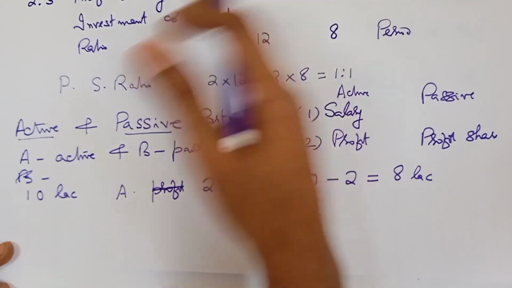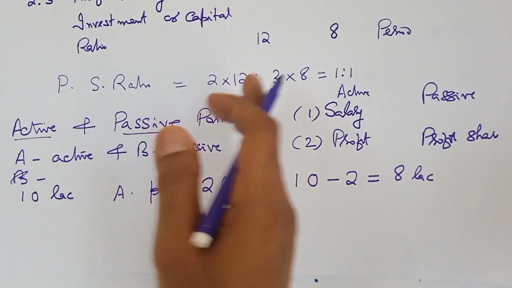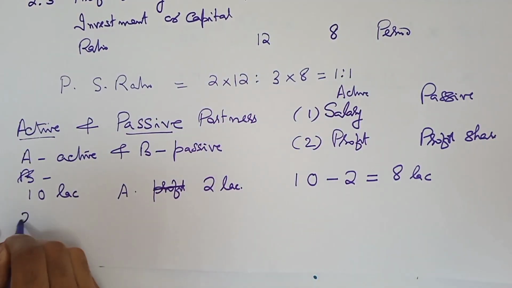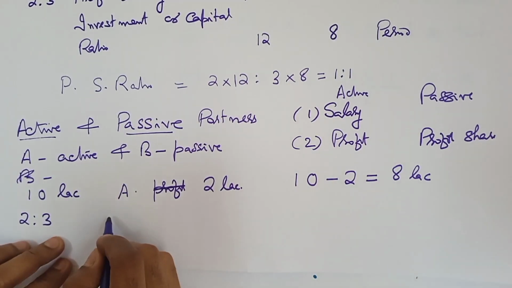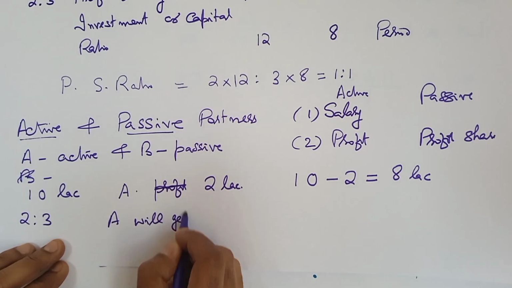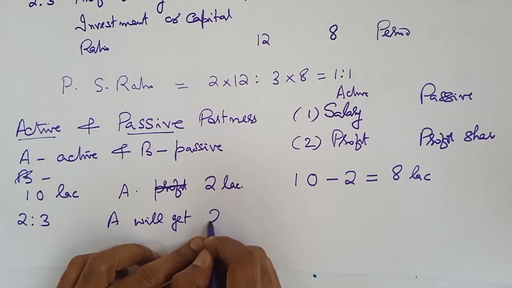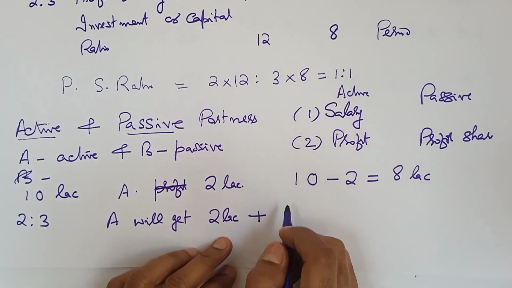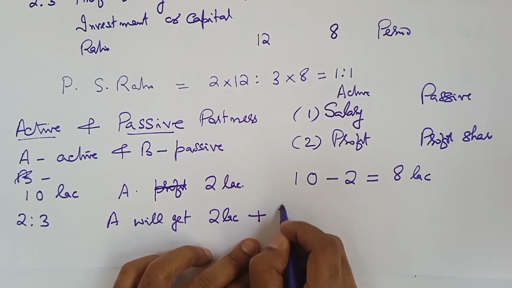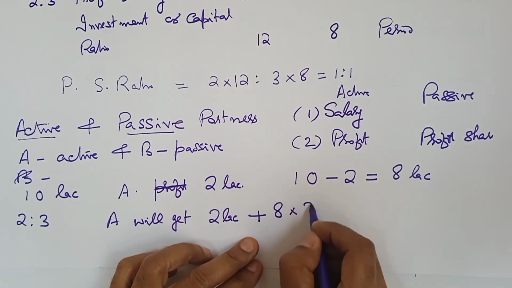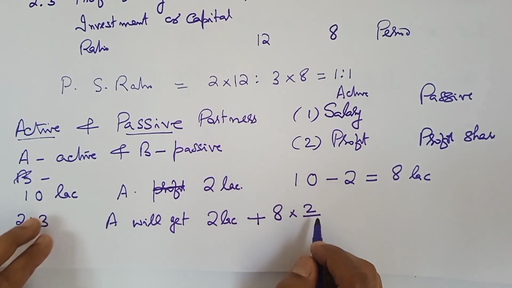So suppose on the assumption of both the partners being in the business from start to finish, profit sharing ratio will be 2:3, and A will get 2 lakh plus his profit share. This is the salary. Profit share, how much? You take the balance profit and multiply it by 2 by 5.